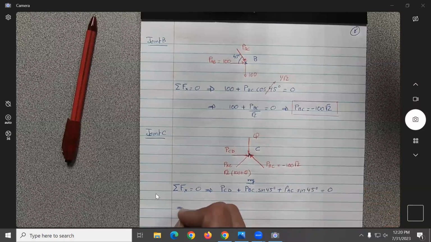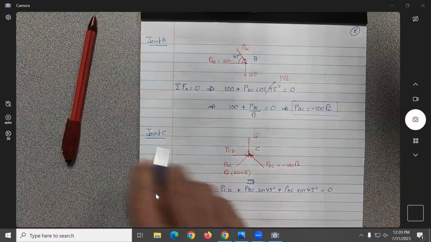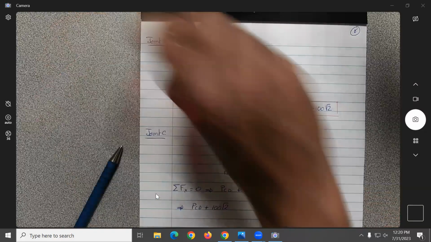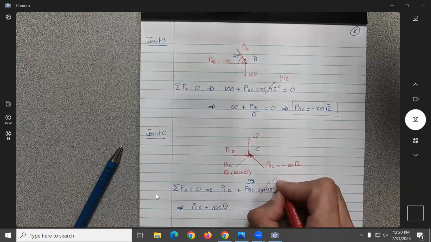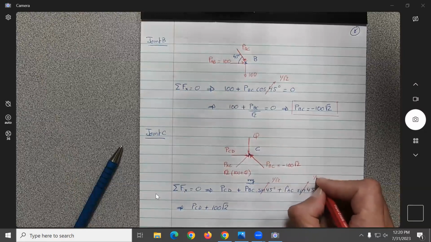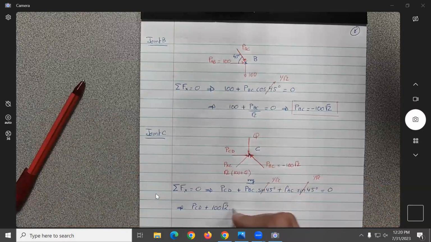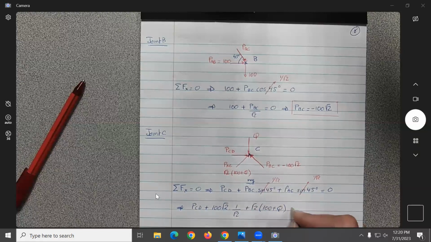So now we substitute, this is going to give us PCD plus 100 square root of 2 times 1 over square root of 2, plus PAC, which is square root of 2 times 100 plus Q, times 1 over square root of 2, equal to 0.